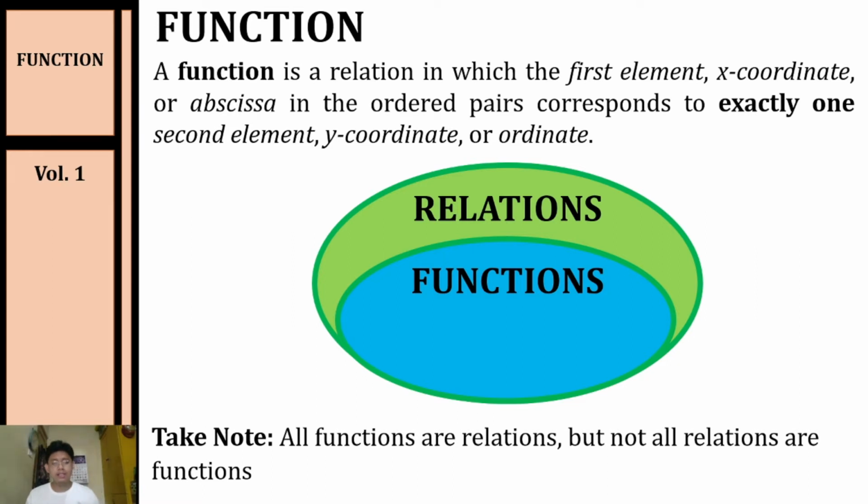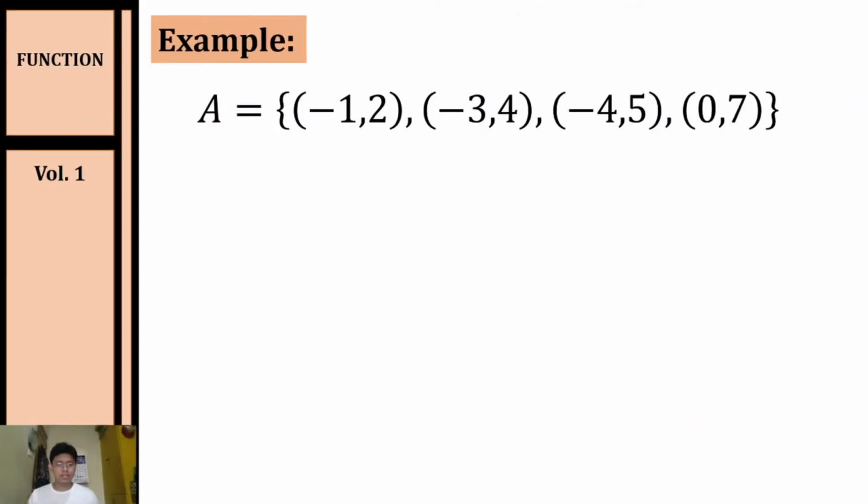Now, let's have some examples in identifying if a set of ordered pairs is a function or not. For example, we're given set A, and set A contains a number of ordered pairs. We have (-1, 2), (-3, 4), (-4, 5), and (0, 7).